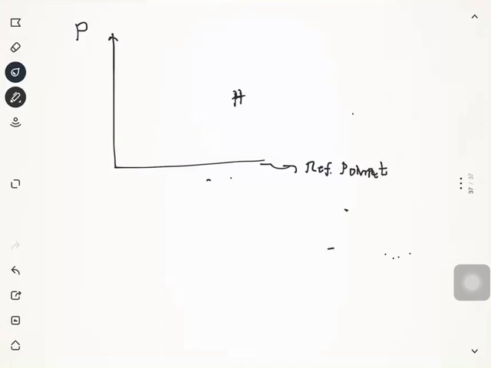If this is our reference point here, this is the atmospheric pressure. It is standard, it is 101.325 kilopascal.